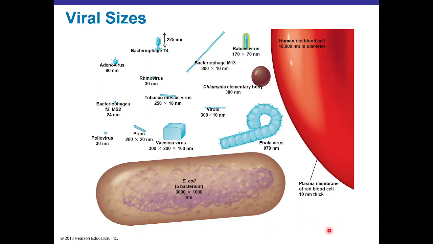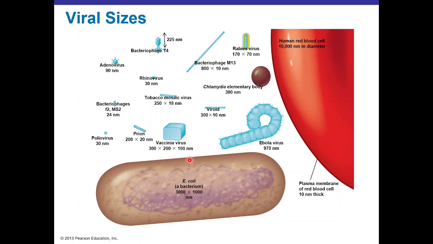Viruses vary in size, and for the most part, most viruses are smaller than bacteria. Here in this cartoon, we have the bacterium E. coli that measures 1,000 to 3,000 nanometers in its dimensions.